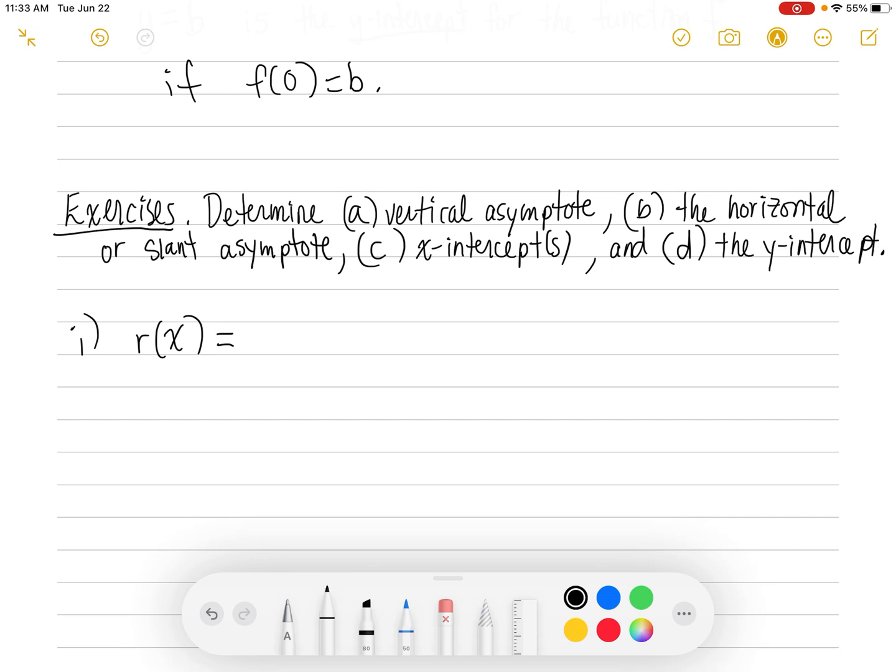Copying down stuff wrong. That's not good. Okay. Let's try this again. We got x minus 2 on top, and on bottom we have x squared minus 25.